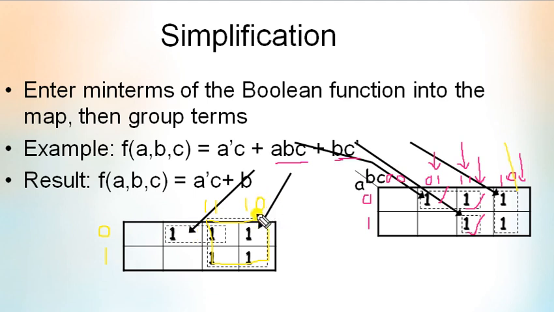Here only the value of B is same for these cells. So we put B here. So the result will be A dash C plus B. All of you got the idea?